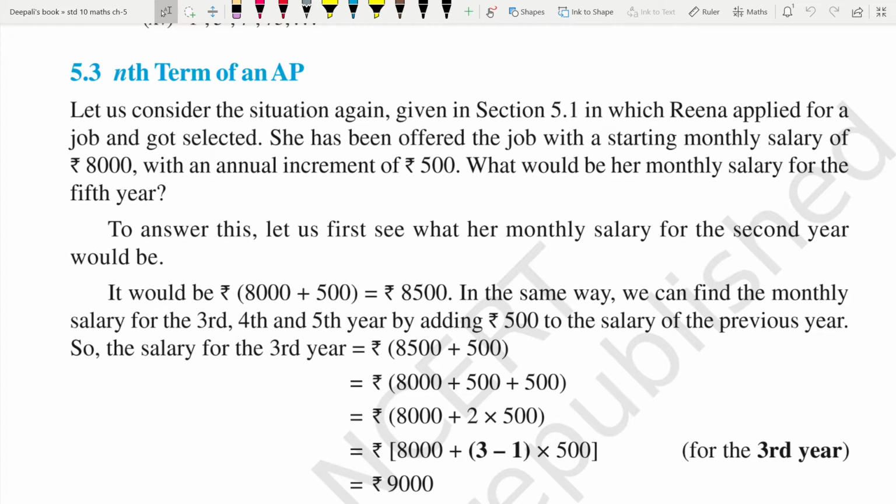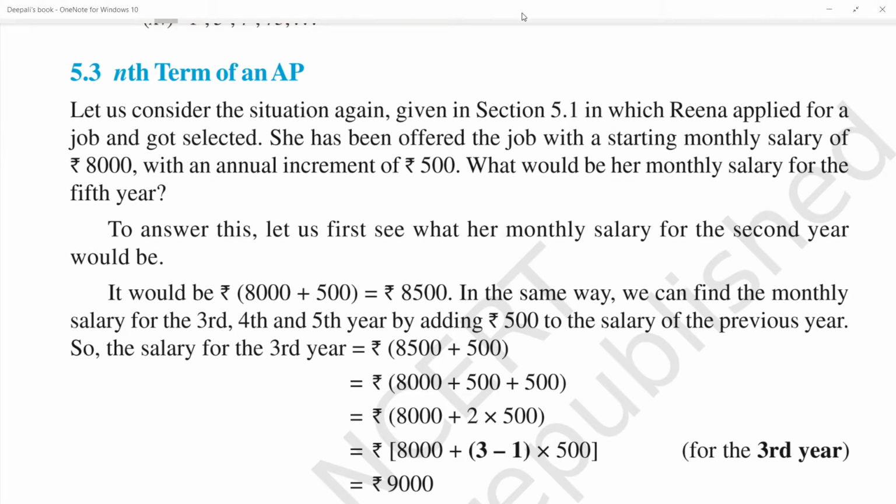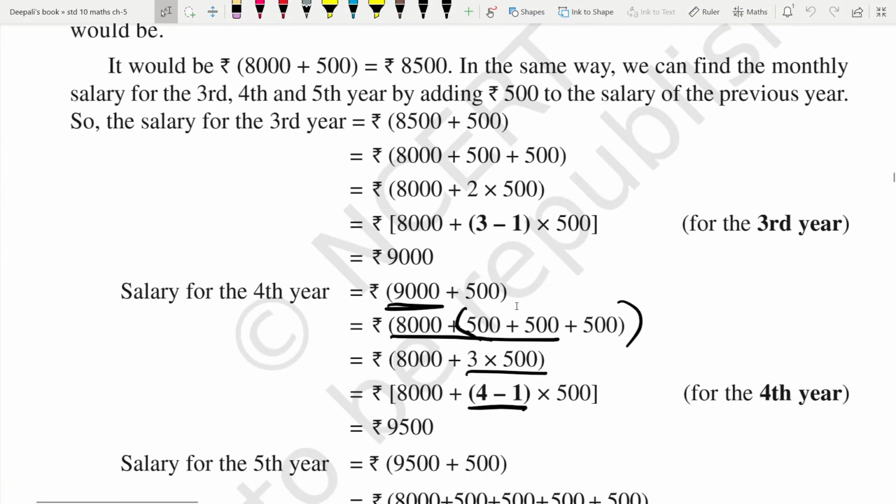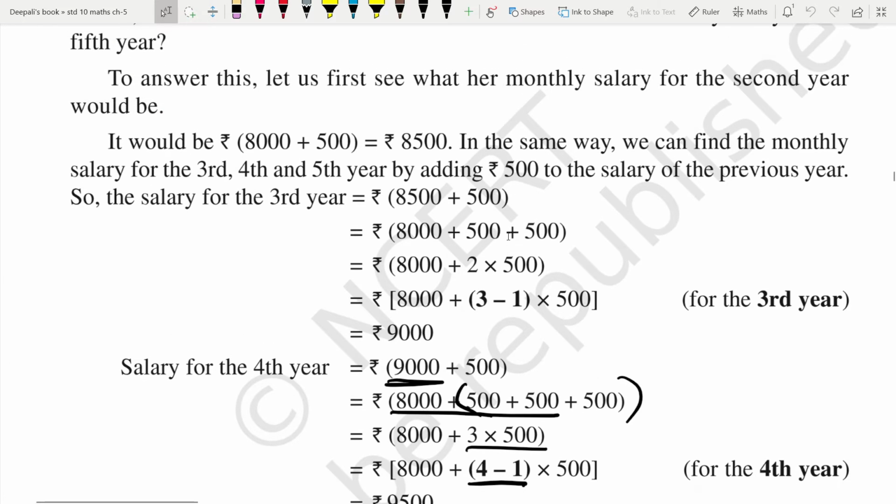To answer this, let us first see what her monthly salary for the second year would be. It would be 8,000 plus 500 obviously, that is equal to 8,500. In the same way, we can find the monthly salary for third, fourth and fifth year of Reena by adding rupees 500 to the salary of the previous year.